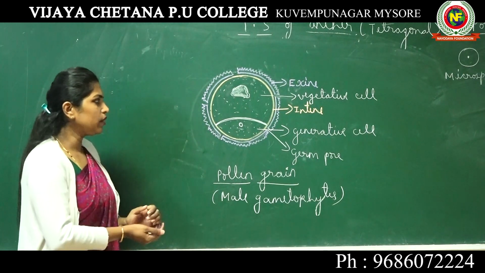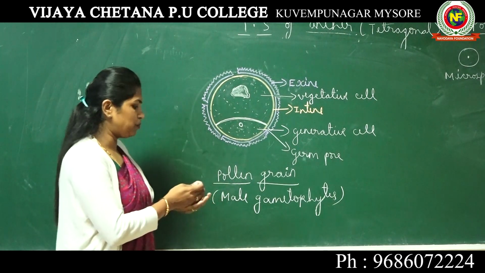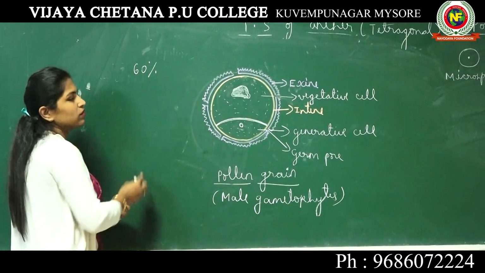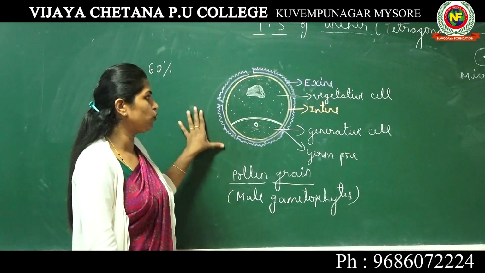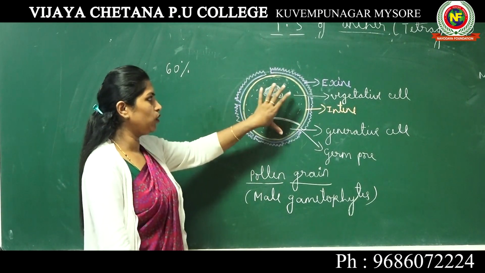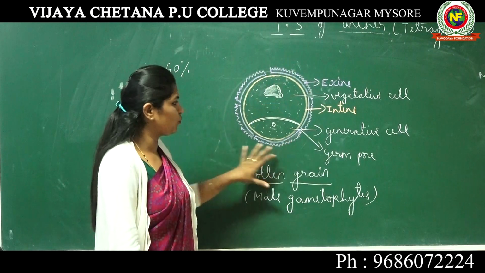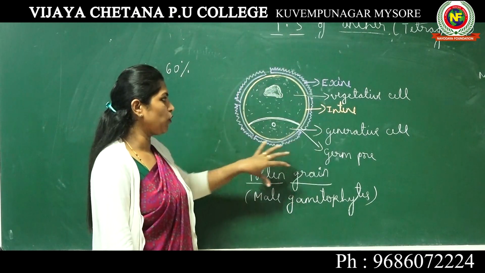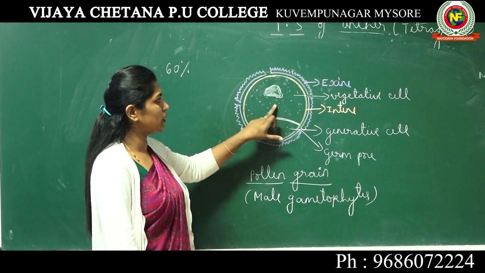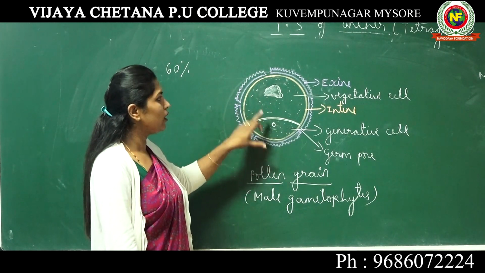Now, 60% of the angiosperms, which are flowering plants, release pollen grains in this form. In this form means at this two-celled stage. This is a vegetative cell, this is a generative cell.